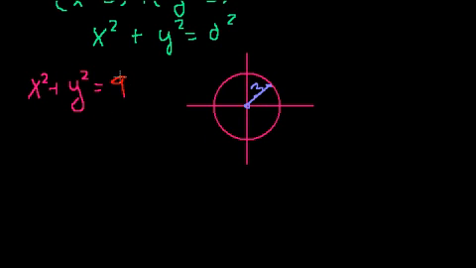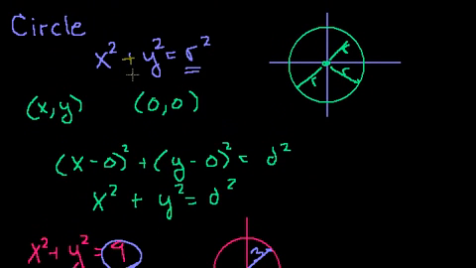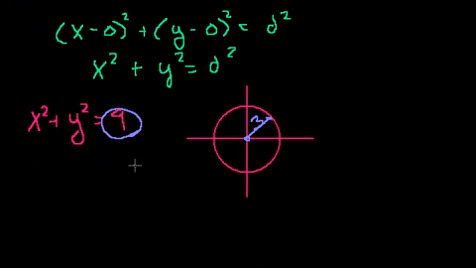There's a 9 here. You might say, oh, why isn't the radius 9? No, that's because this is the radius squared. Remember the original formula I just showed you: x squared plus y squared is equal to r squared. So this right here is r squared. So if r squared is equal to 9, then r is equal to 3. It can't be minus 3. I mean, you can't have a negative radius, or if you did, you're just going the other direction, but it's the same thing. So the radius is equal to 3.